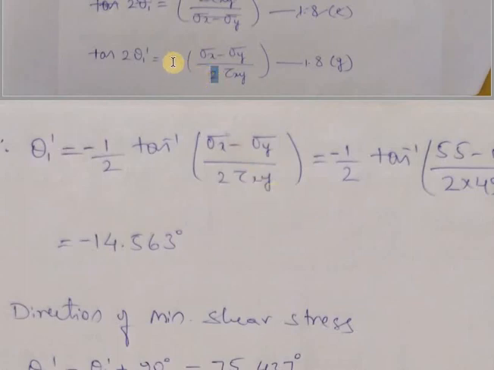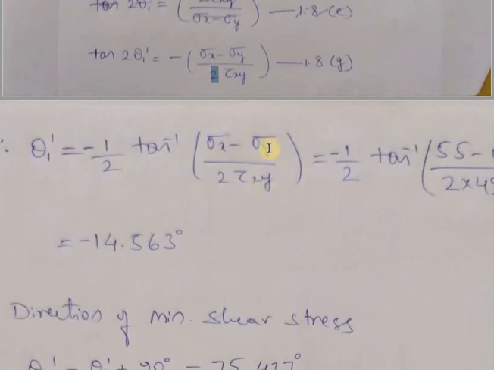For that reason, we are using equation 1.8b with the negative symbol. So you will get theta 1 dash, or you can also write it as theta s max, is equal to minus 1 by 2 tan inverse of sigma x minus sigma y divided by 2 tau xy.